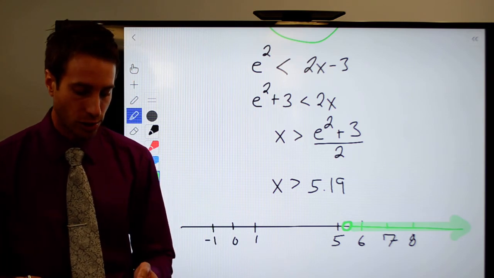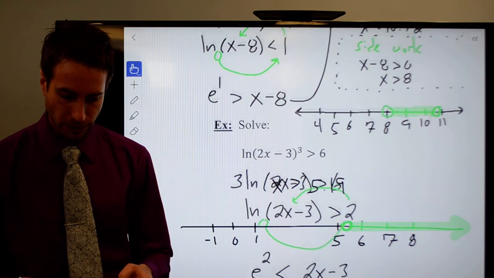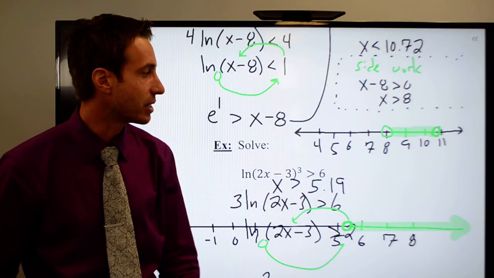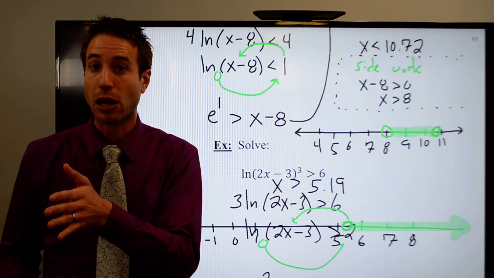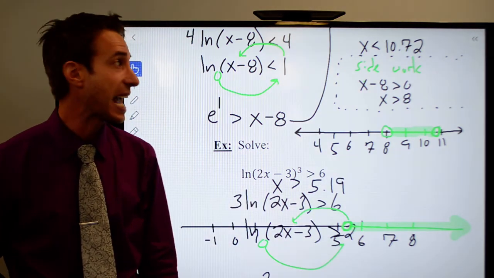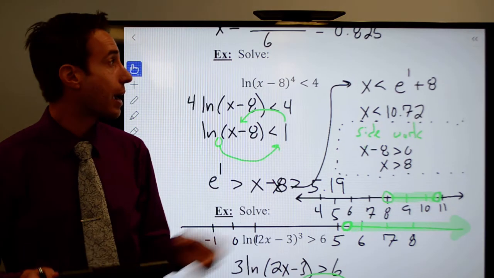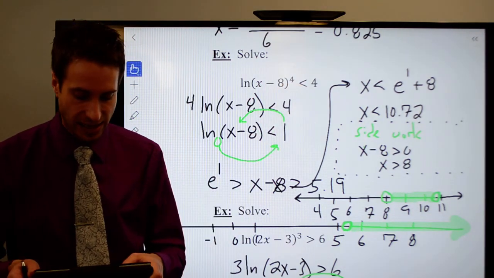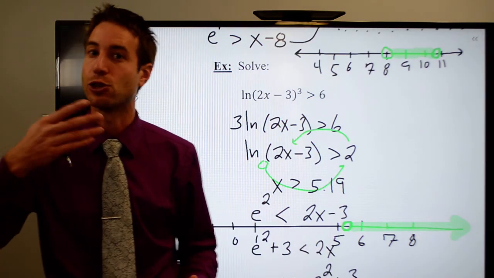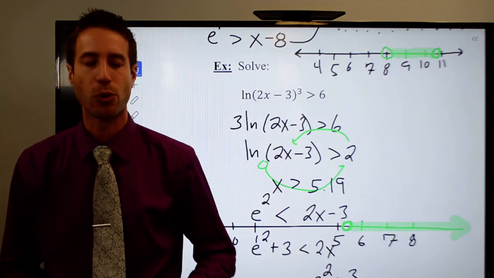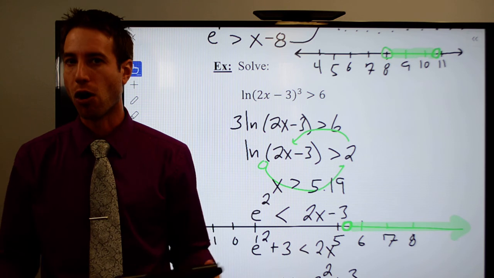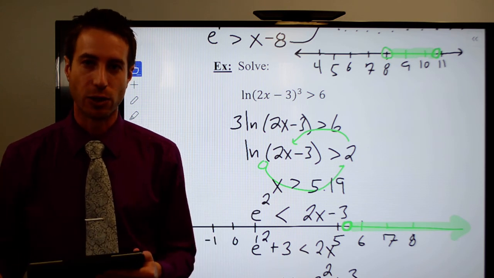As opposed to this one up here, where because my value of x is less than 10.72, now I have to worry about finding a lower bound to restrict my domain, right? In this case, it turned out to be 8. So just be very wary of, right, when your logarithm is less than versus this problem where your logarithm is greater than. It's 2 different properties, and again, if you've forgotten how that works, just go back and rewatch the previous sections in this chapter. I go over all of that in a lot more detail in those sections.